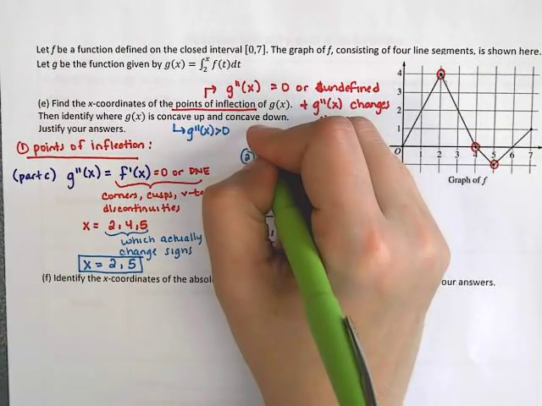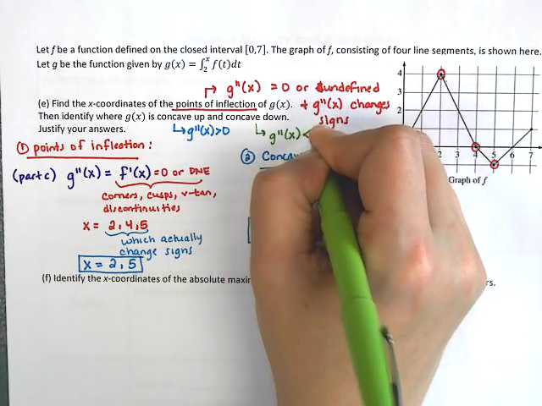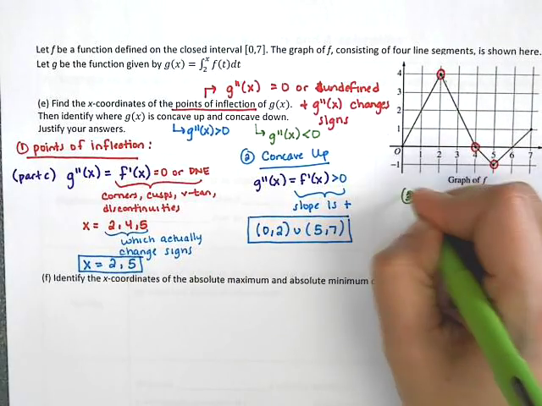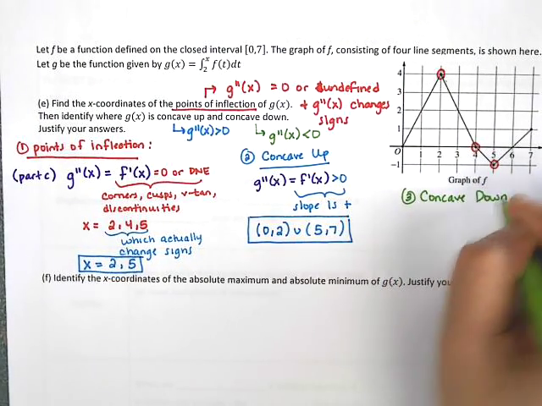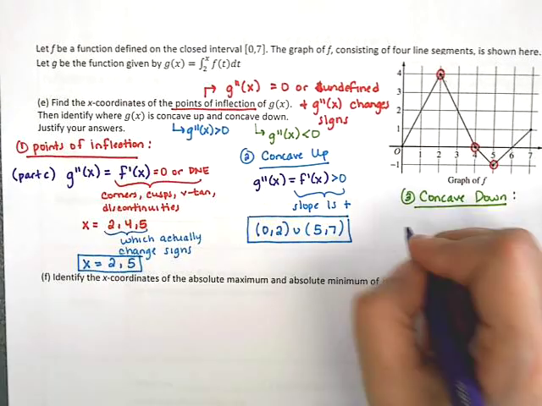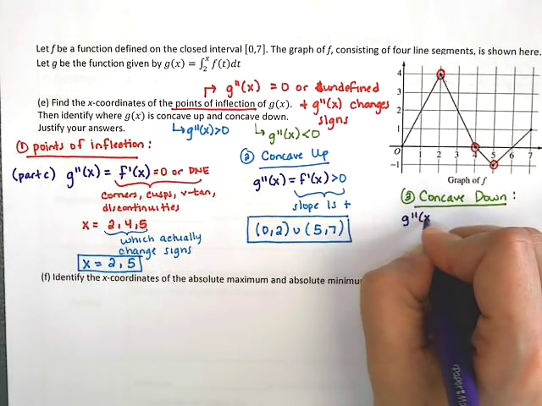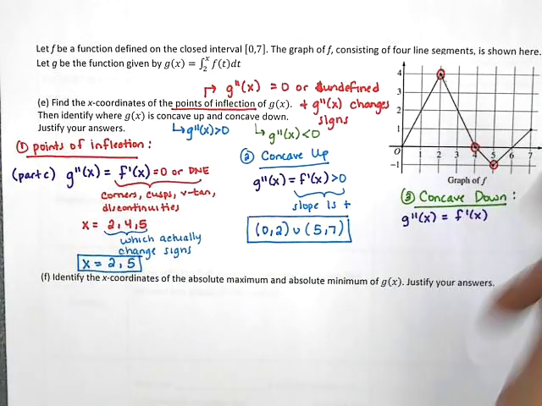Last but not least, concave down. Now concave down means that the second derivative is negative. So we are going to look for, again from part C, where is g double prime, which is just f prime, less than 0.